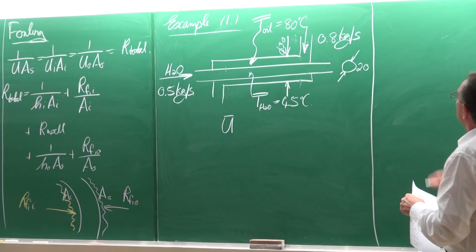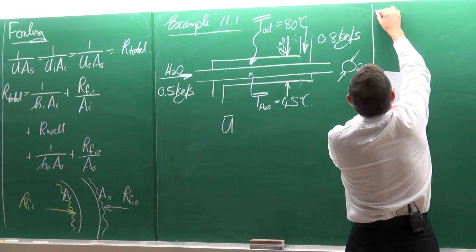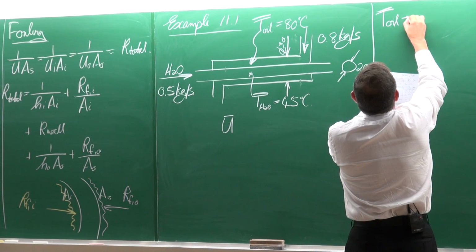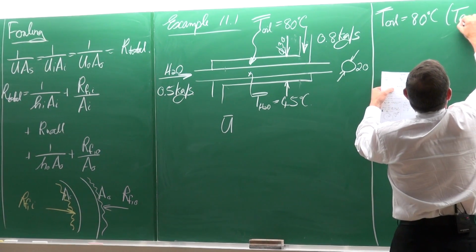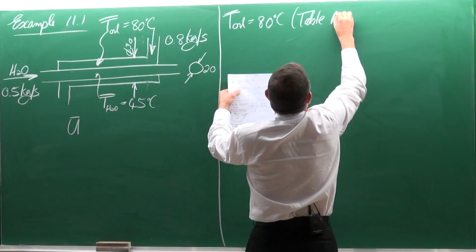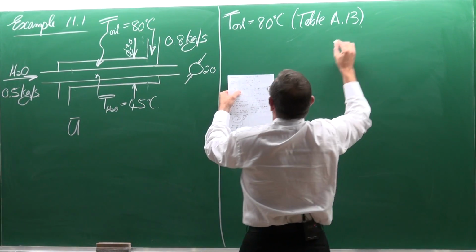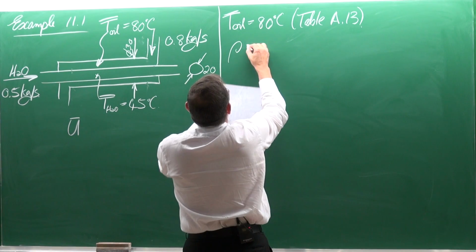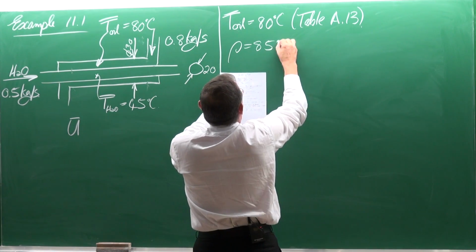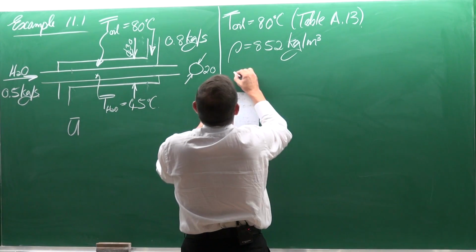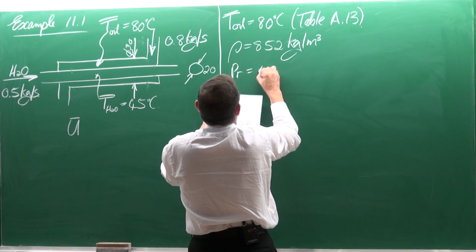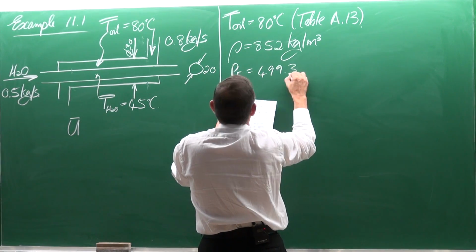Okay. So let's look at the properties of the oil, and that is at 80 degrees Celsius. You can get the properties in table A13. The density of the oil is equal to 852 kilograms per cubic meter. The Prandtl number is equal to 499.3.